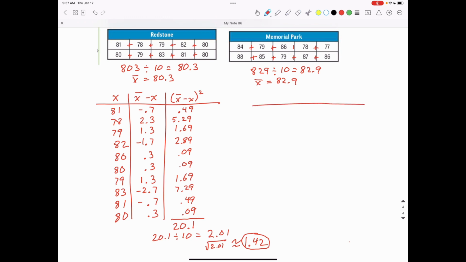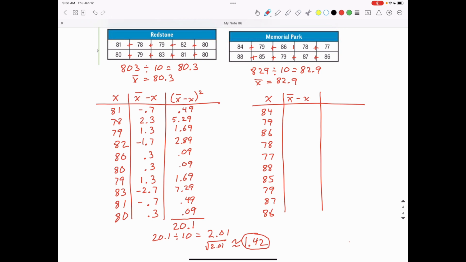Then we create our three-column chart for this one. So there's our data points in the first column. Then we're going to take the mean that we found and subtract each of the data points from the mean.